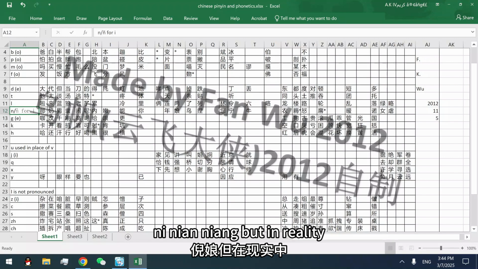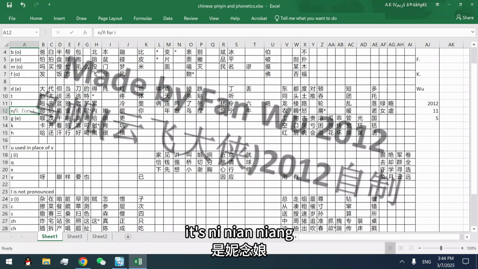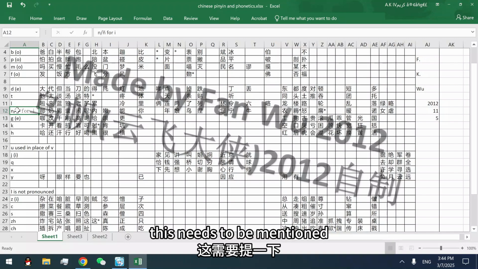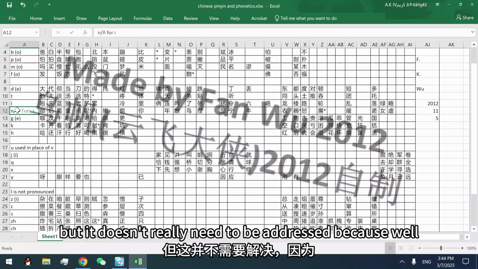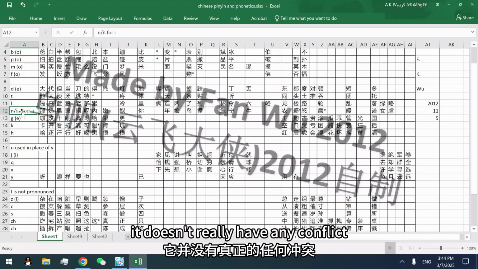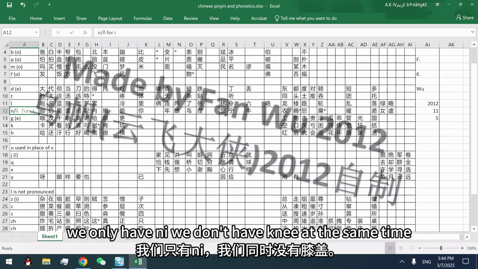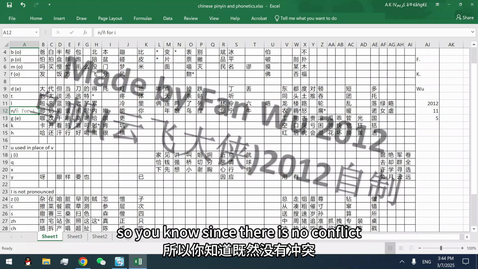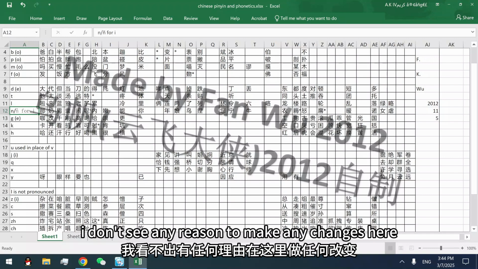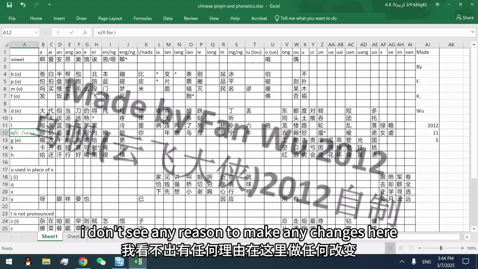But in reality, it's ni, nian, niang, and so on. This needs to be mentioned, but it doesn't really need to be addressed because it doesn't have any conflict, since in Mandarin Chinese we only have ny, we don't have ni at the same time. So, since there's no conflict, I don't see any reason to make any changes here.